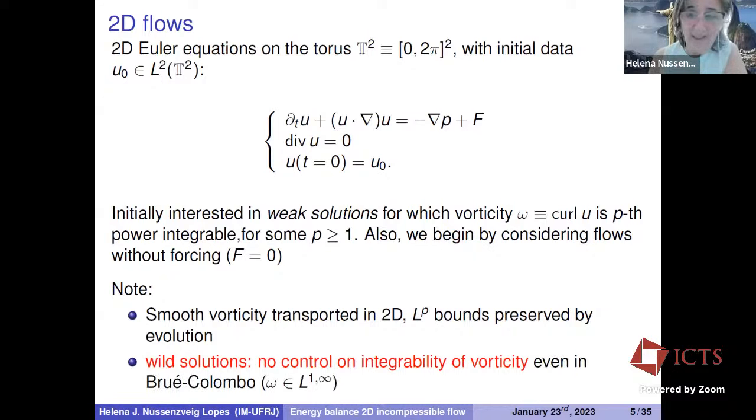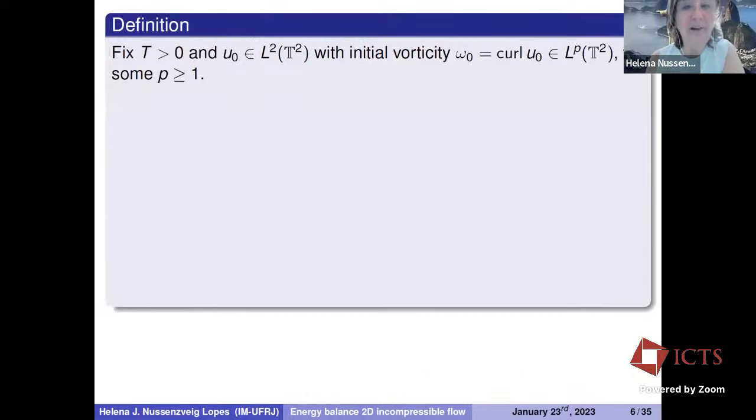That's true even in the scenario that was discussed by Liabrué and Maria Colombo, for which the vorticity was in L1 infinity. L1 infinity is weak L1. That means that the distribution function of the vorticity satisfies an estimate. It's under control, but that's it. So there's no integrability.